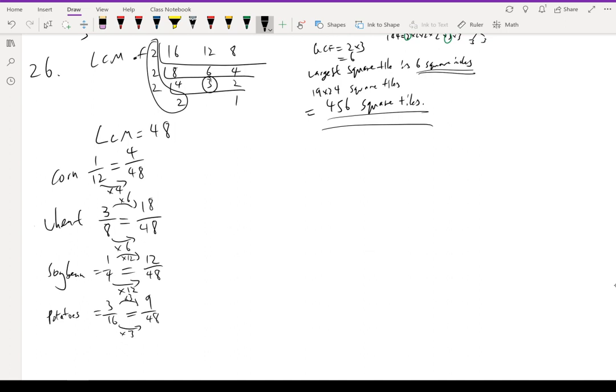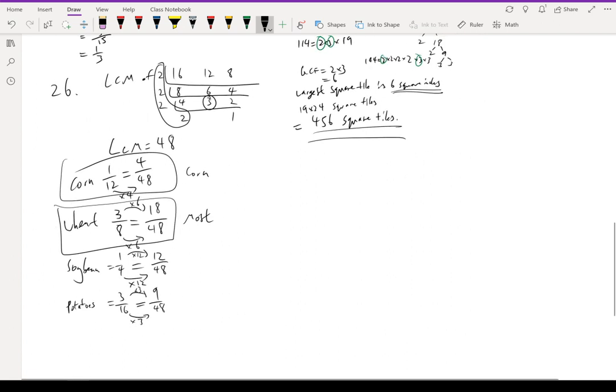And so which crop takes up the most land? The most land is going to be wheat over here, 18 over 48. So this is most. And then the one with the least land is 4 over 48, which is corn. Okay, so that's question 26.